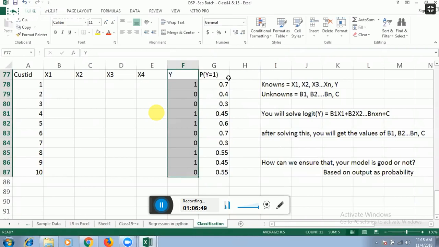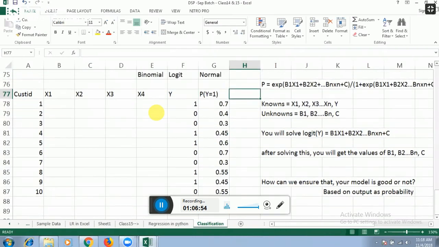So generally what we do is we take some kind of cutoff. Assuming that my cutoff is 0.5, then what are my values? This is 1, this is 0, this is 0, and this is 0, this is 1, this is 1, and this is 0, this is 1, this is 0, this is 1, correct?